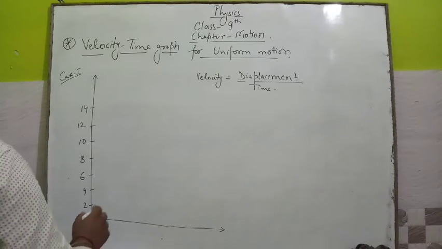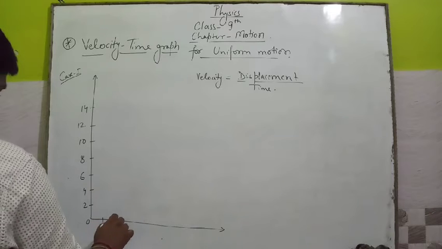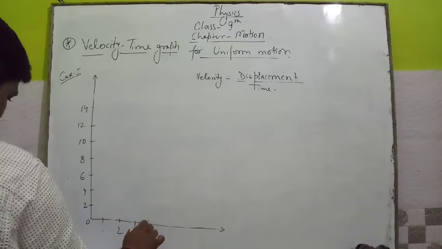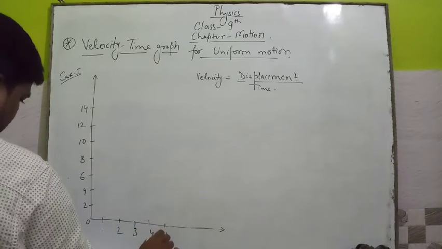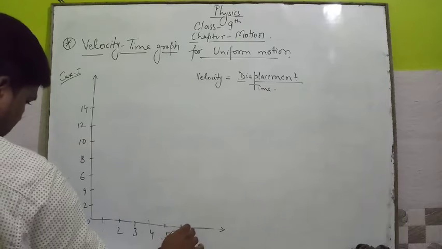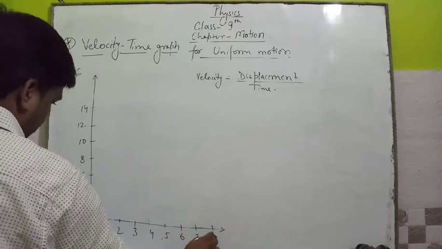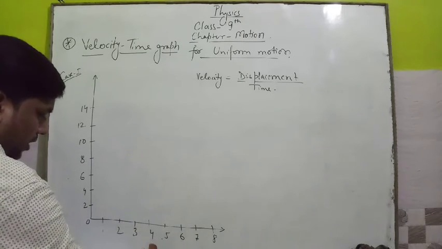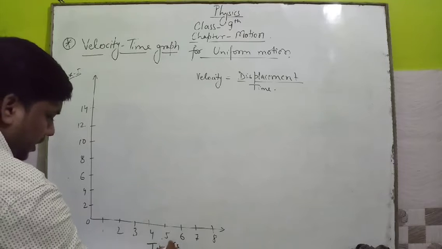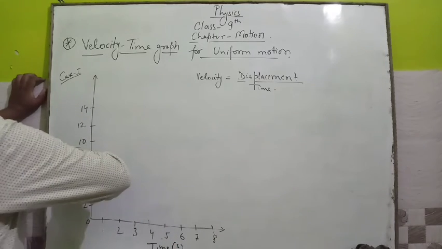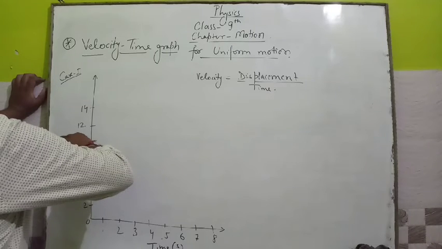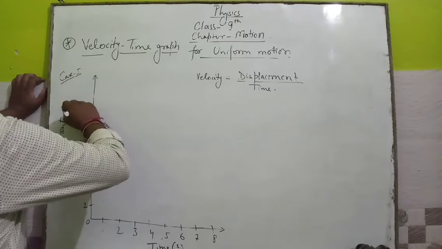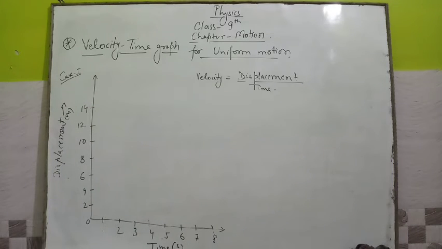On this graph 1, 2, 3, 4, 5, 6, 7, 8. Clear? This axis represents time in seconds, and this is displacement in meter.